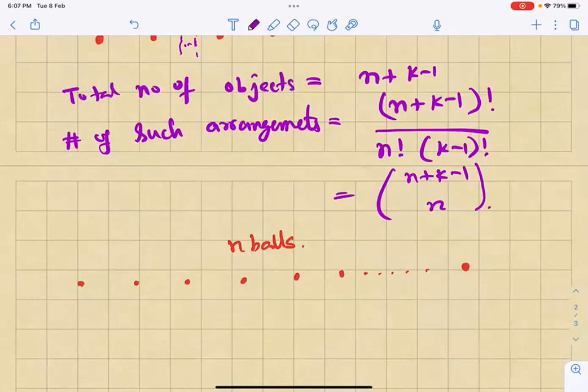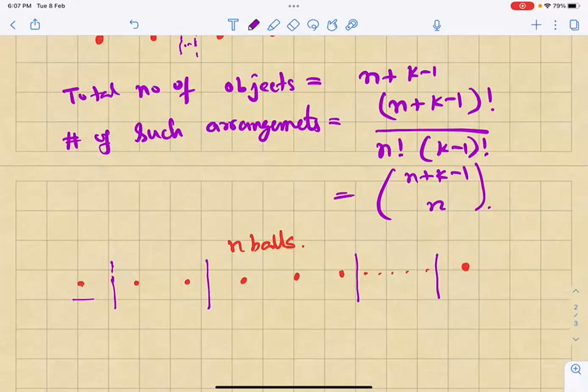Suppose I place the sticks here, here, here, here, for example. That means none of the boxes that the sticks show is empty. So this box contains 1, this box contains 2, this box contains 3, and so on. If I choose among the gaps created between these n balls, there are n minus 1 gaps. If I place the sticks in those gaps, then I'm done.